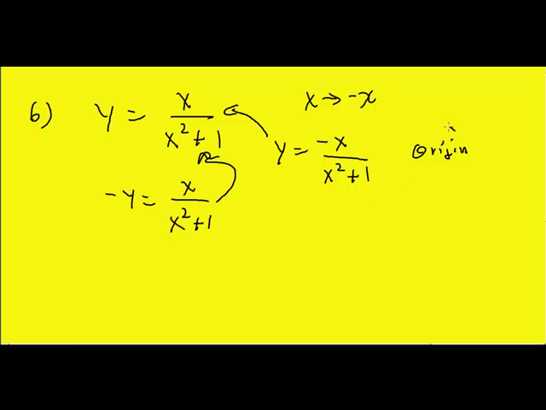So it's only symmetric to the origin. Alright. I think we're done with this part. Do you have any questions on the first part? Any problems on the first part?